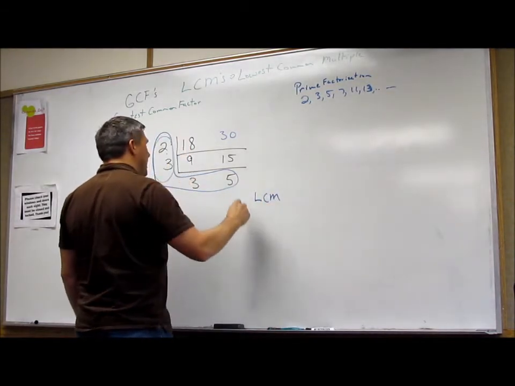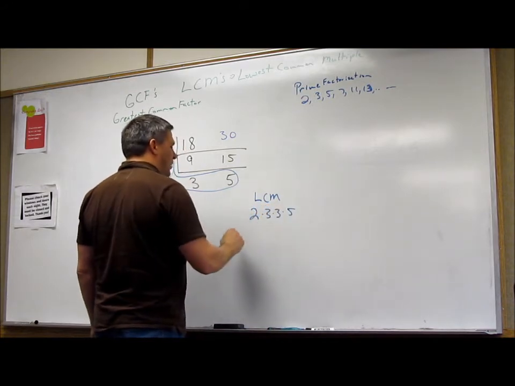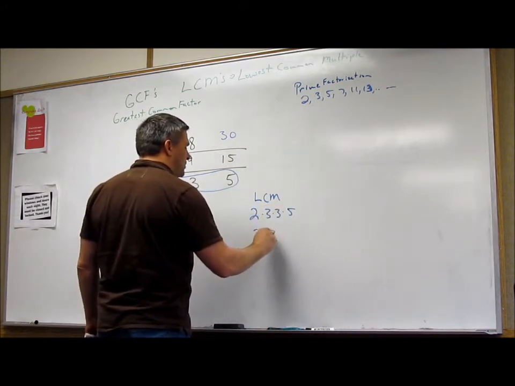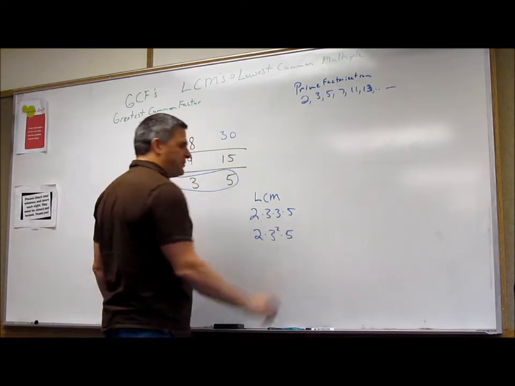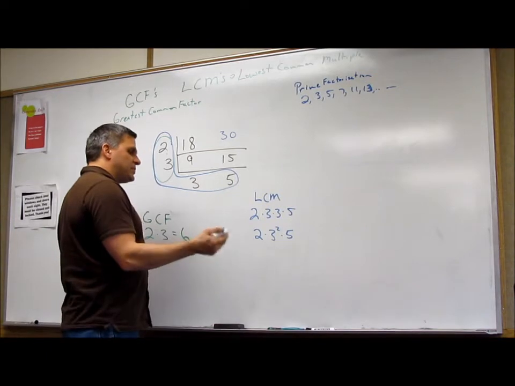Okay? Which means I take 2 times 3 times 3 times 5, or 2 times 3 squared times 5. Well, in that case, what is 2 times 3 squared times 5?